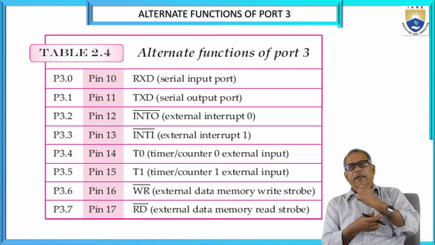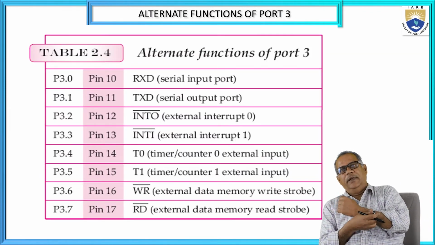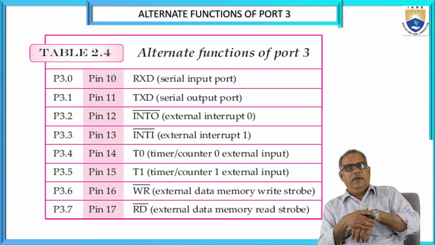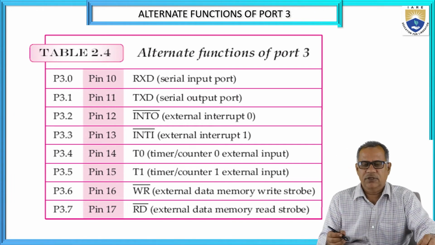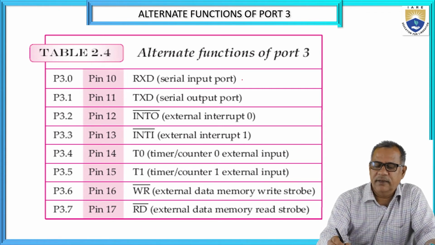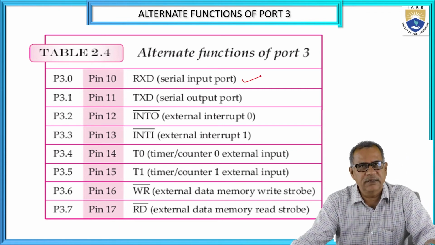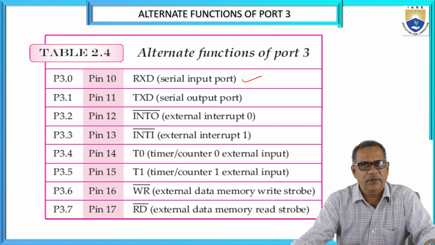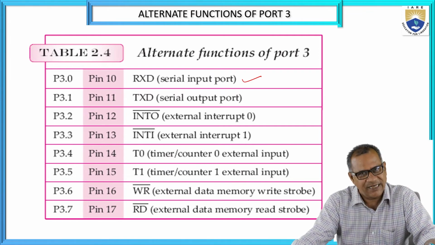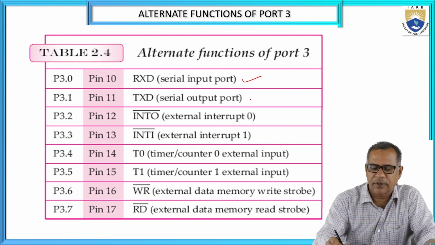Now, port 3 has some alternate functions. Port 3.0, that is pin number 10, is used as RxD to receive data in serial communication, and port 3.1 is used to transmit data during serial communication.